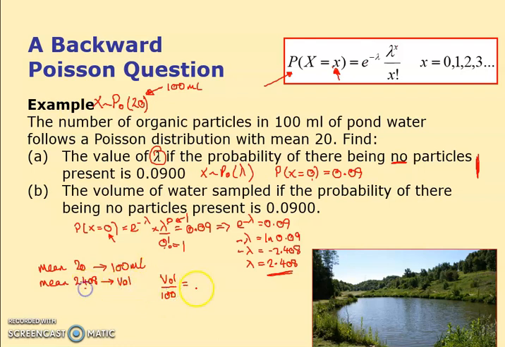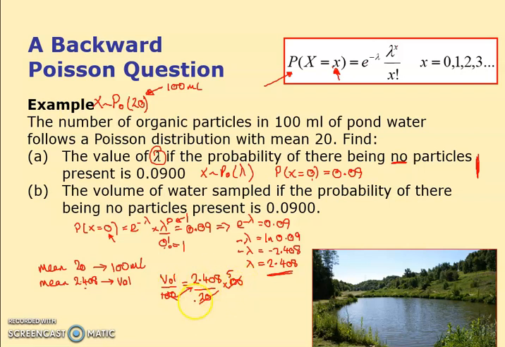Now I did volume first, so I'm going to do 2.408 divided by the 20. And essentially, if I move that 100 over, it becomes 100 up there. And you'll notice 100 divided by 20 is 5. So it basically means initially I had 100 milliliters, and that gave me a mean of 20.